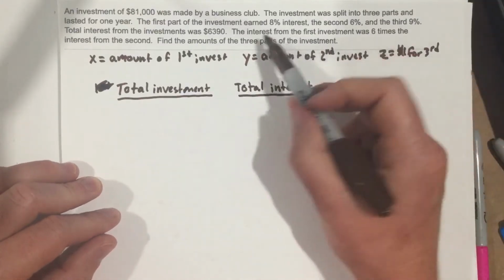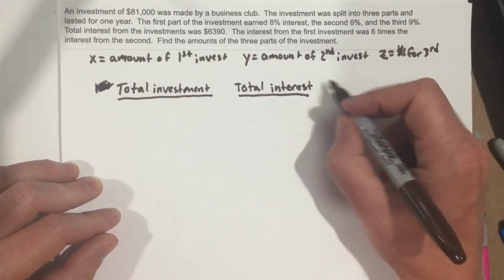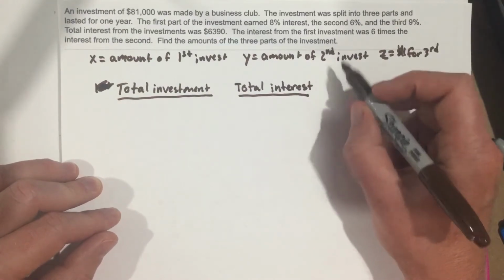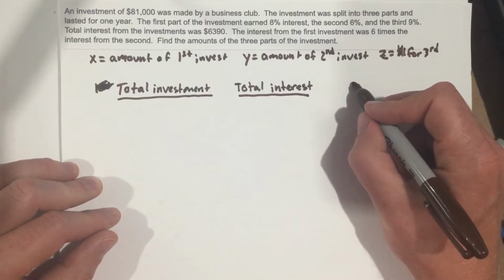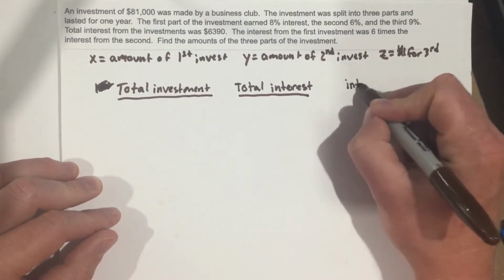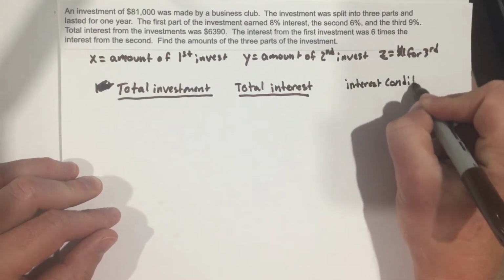And the third equation, they gave us the interest from first investment was 6 times higher than the second. So we'll call this the interest condition, because they're really telling us a condition there.